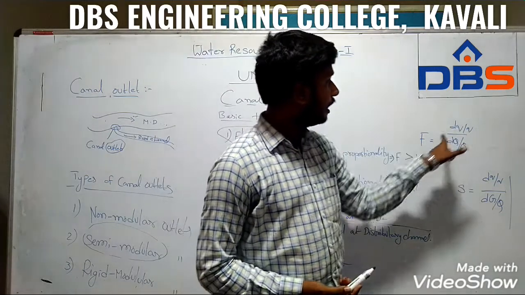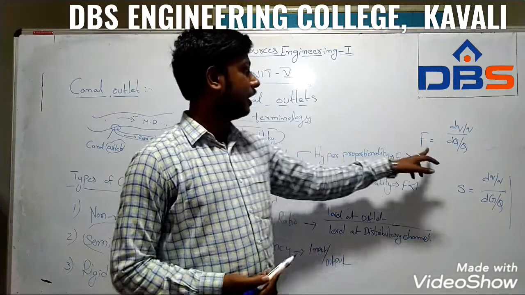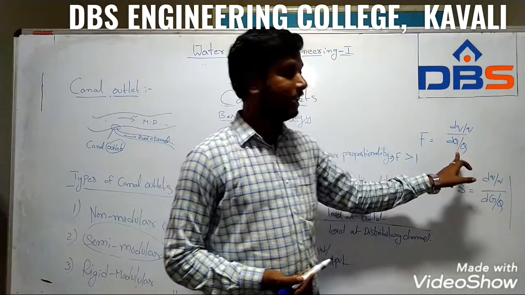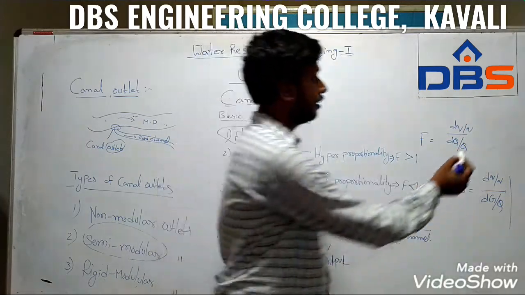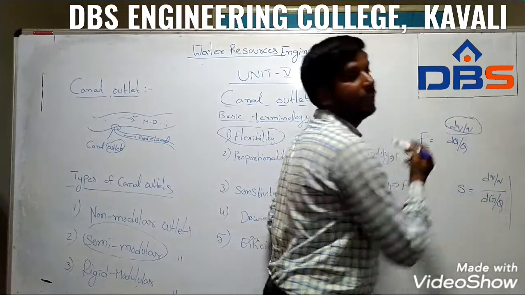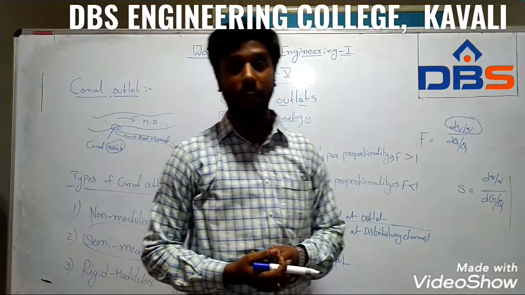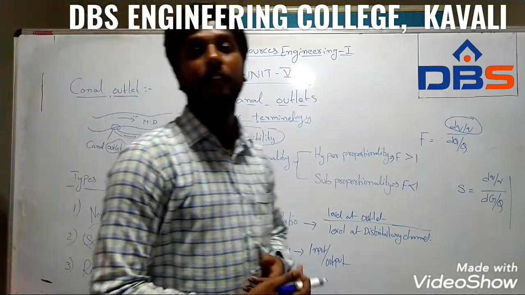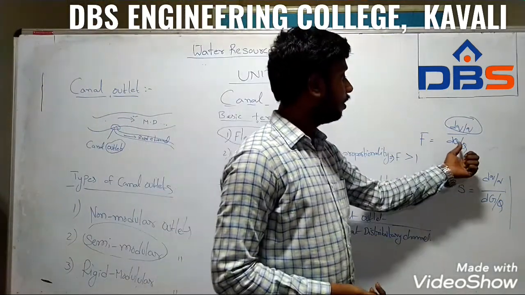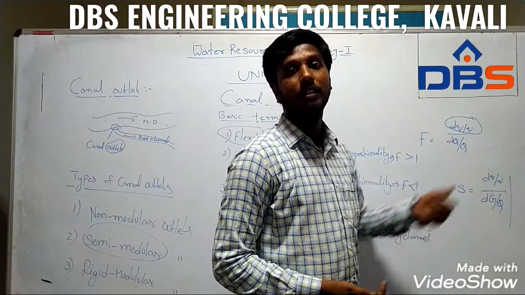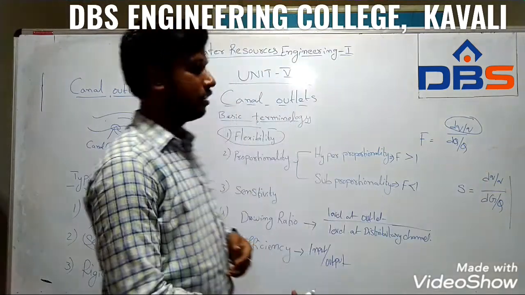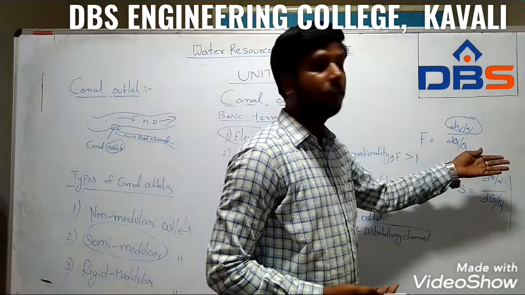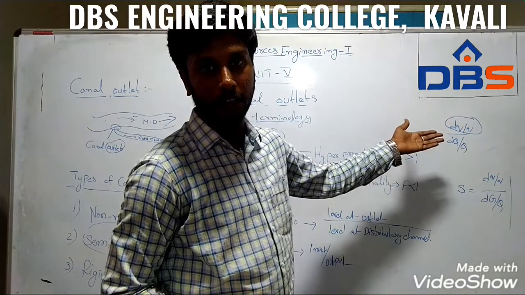The flexibility is indicated with F, where F equals (dq/q) divided by (dQ/Q). Here dq/q is the rate of change of discharge in the field channel or exit of the outlet, and dQ/Q is the rate of change of discharge occurring in the major distributary. That ratio we call flexibility.